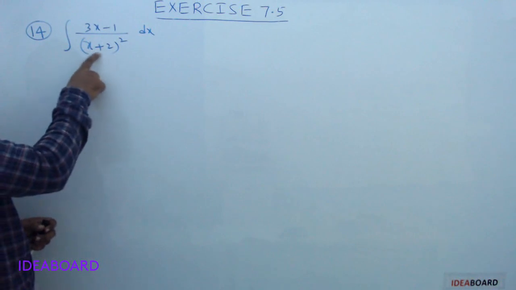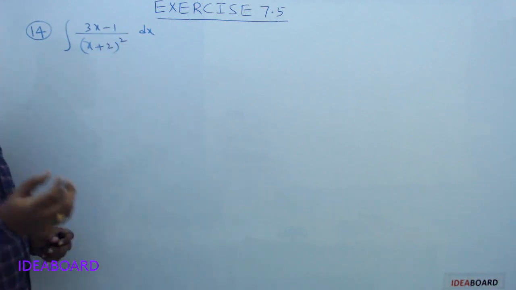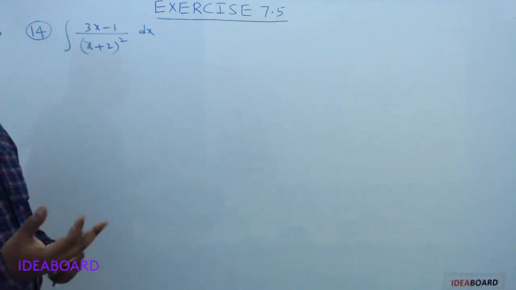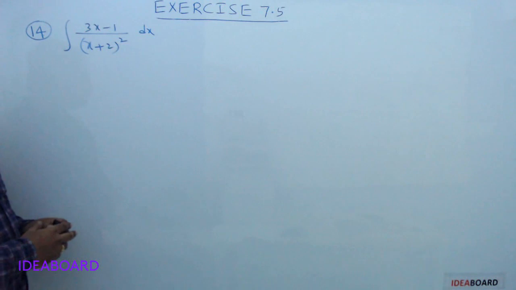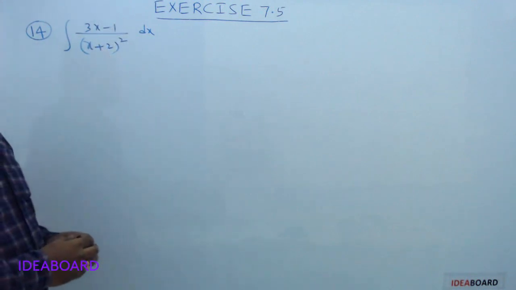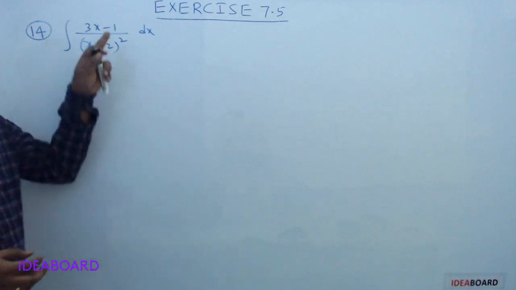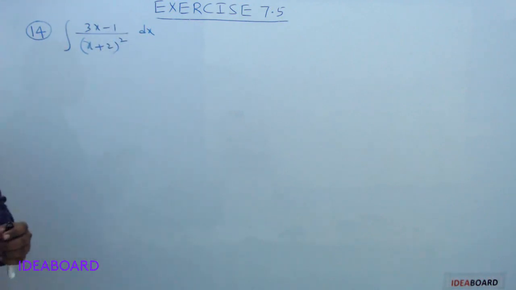If you expand the denominator by using the formula (a + b)², you get a second degree polynomial. So degree of denominator is 2. Clearly degree of numerator is less than degree of denominator. So it is a proper fraction.